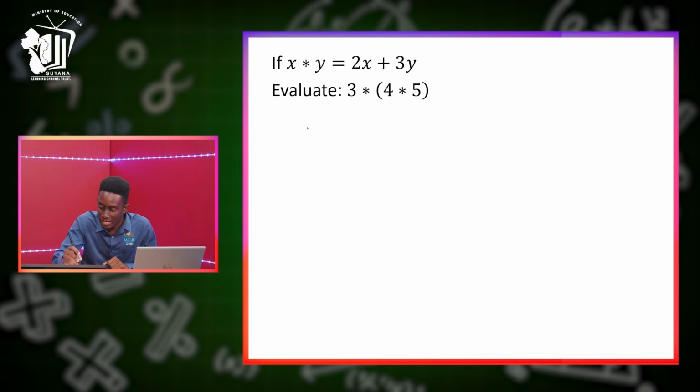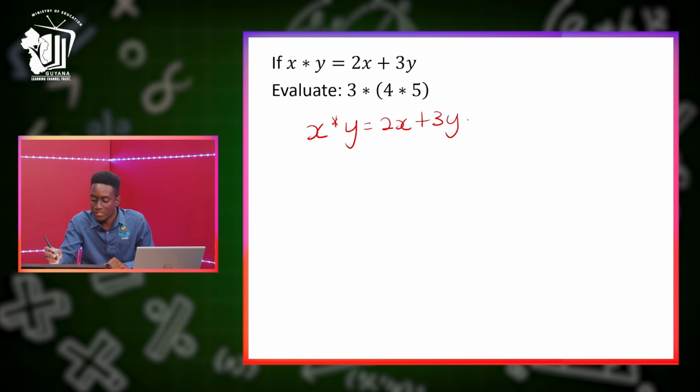So we have x asterisk y is equal to 2x plus 3y. They want us to evaluate 3 asterisk in bracket 4 asterisk 5. So we are working out what is going on in the bracket first.